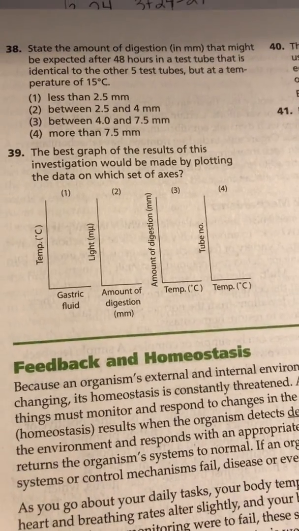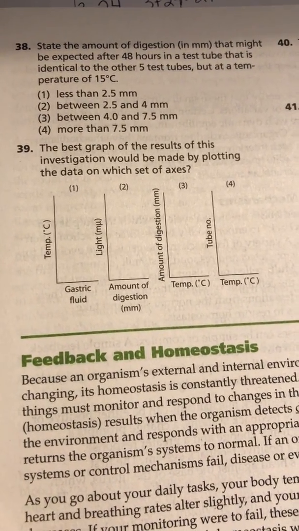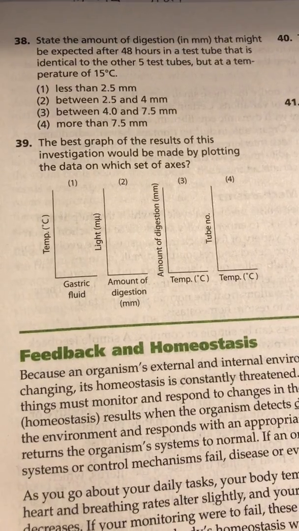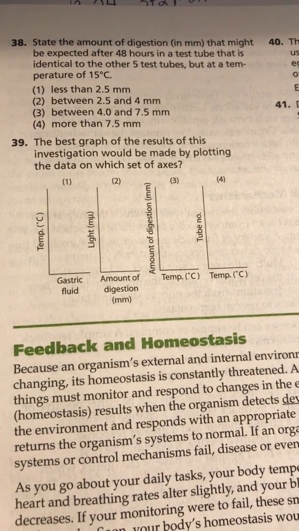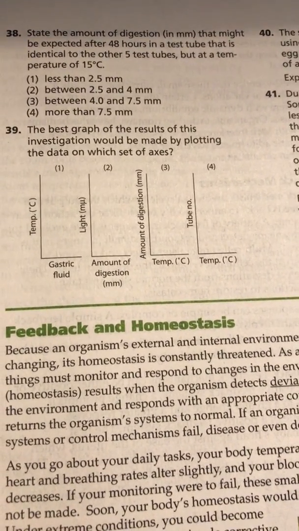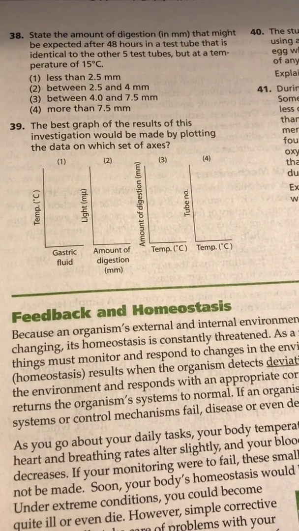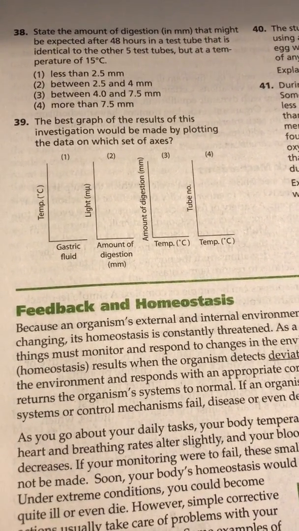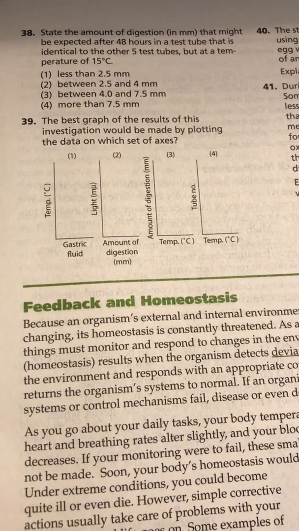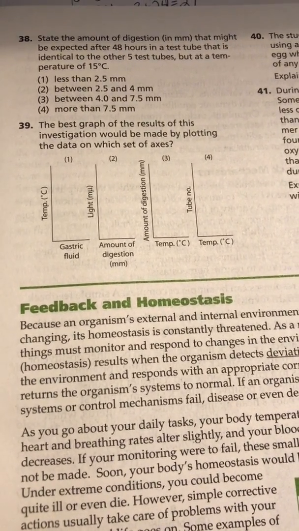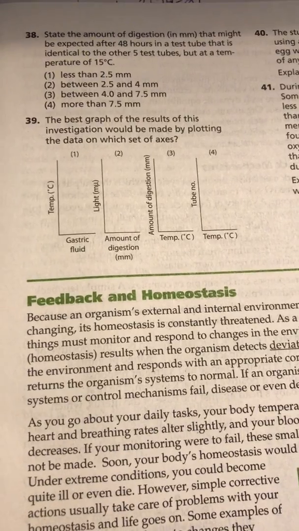Number 38. State the amount of digestion that might be expected after 48 hours in a test tube that is identical to the other 5 test tubes, but at a temperature of 15 degrees Celsius. Less than 2.5 millimeters, between 2.5 and 4 millimeters, between 4 and 7.5 millimeters, or more than 7.5 millimeters. 39.